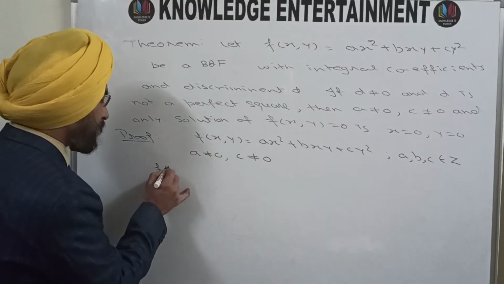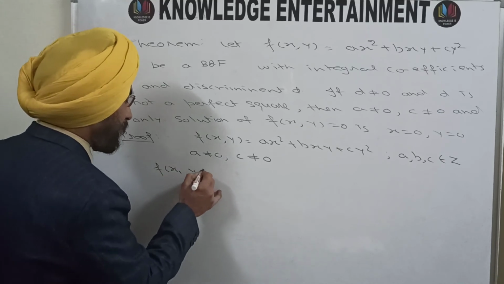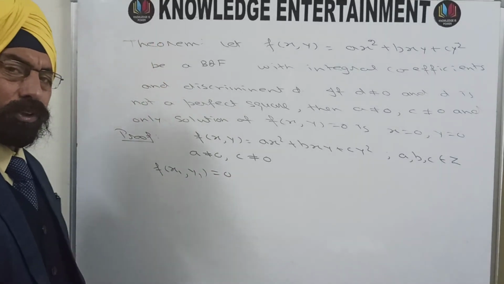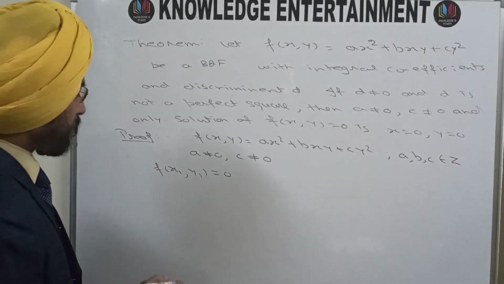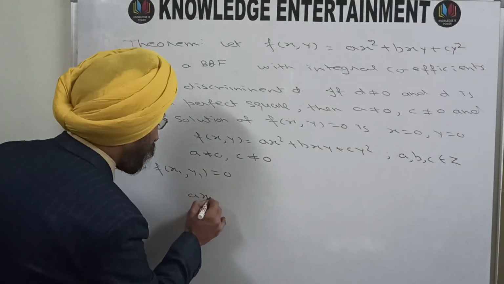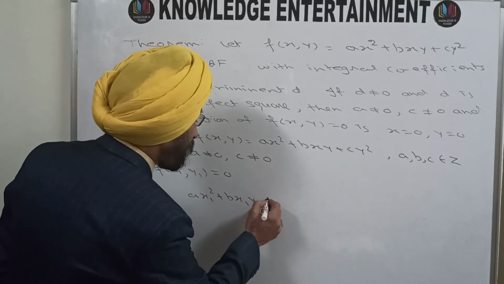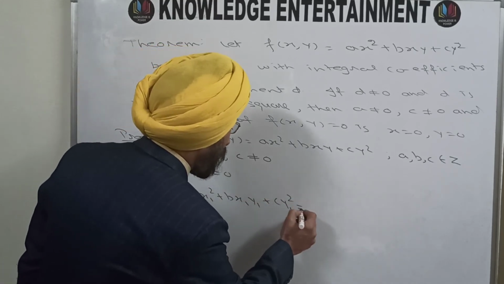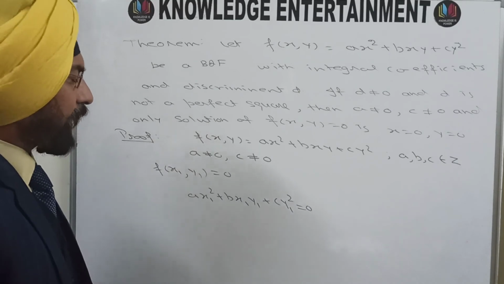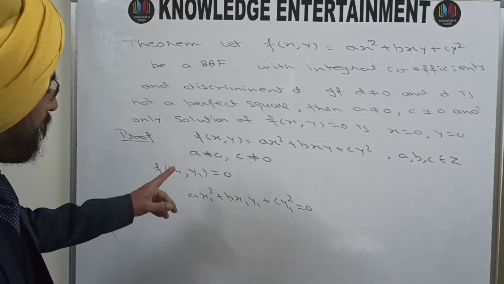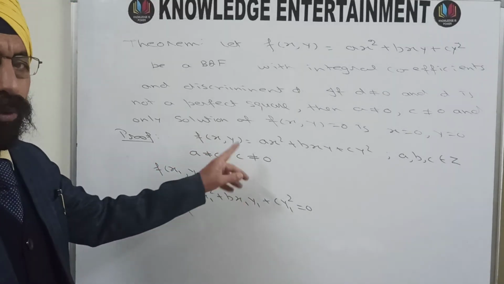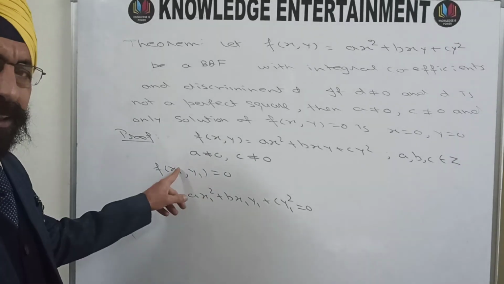So that means f(x1, y1) will be equal to 0. So what you will get: ax1² + bx1y1 + cy1² = 0. Now we are given that a and c both are not 0. This is the solution.